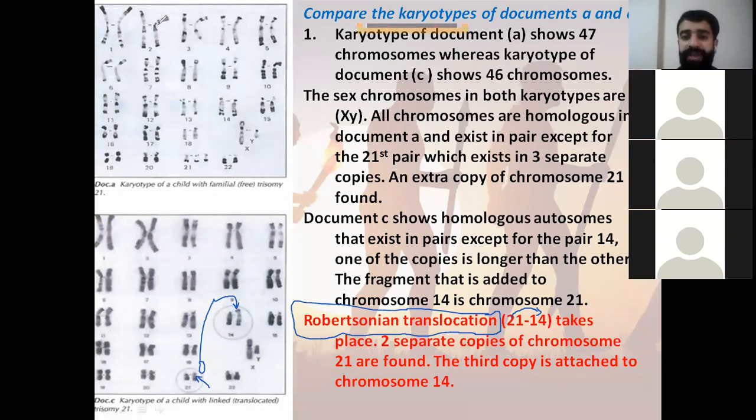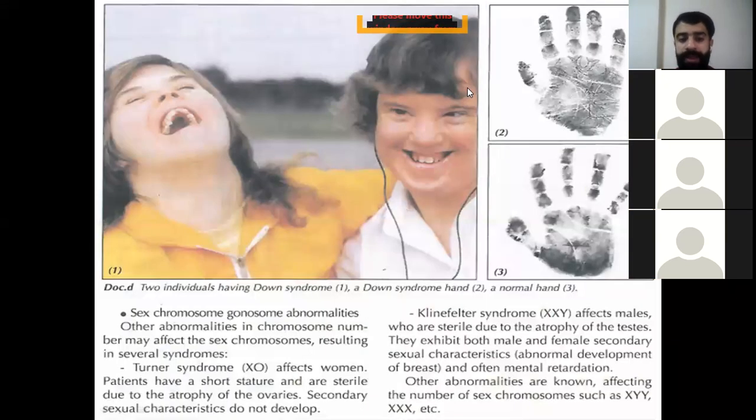So this is the comparison between these 2 karyotypes. Let's move now to the next document. Here we have 2 individuals having Down syndrome: in part 1, a Down syndrome hand in 2 and a normal hand in 3. This is your normal hand. It looks like the one in 3, but the one in document 2 corresponds to one having Down syndrome.